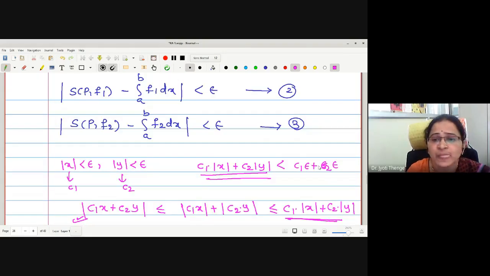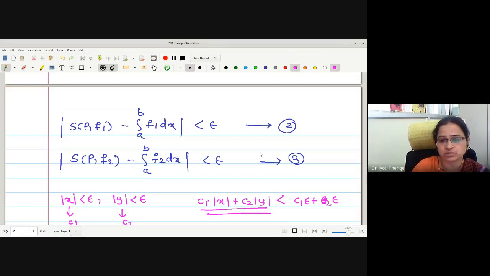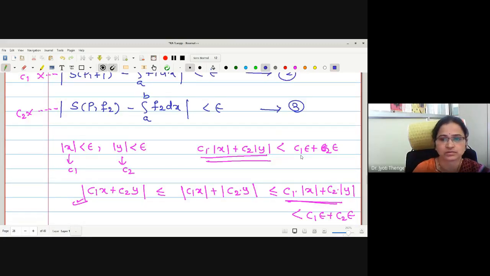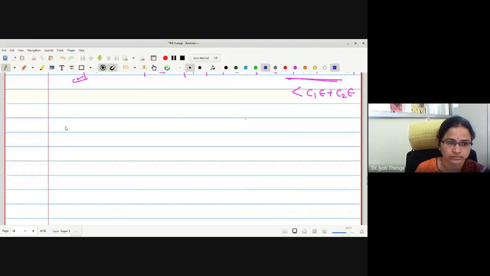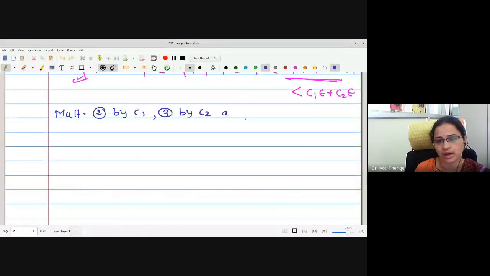The same we are going to do for equations number 2 and 3. We will multiply this by c1, we will multiply this by c2, and we will put everything in the common modulus as I have shown here. Multiply 2 by c1, 3 by c2 and adding, and we are putting everything in a common modulus.